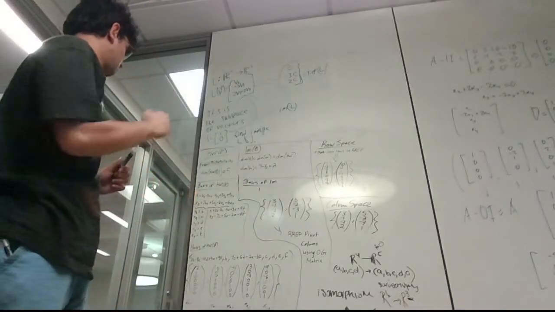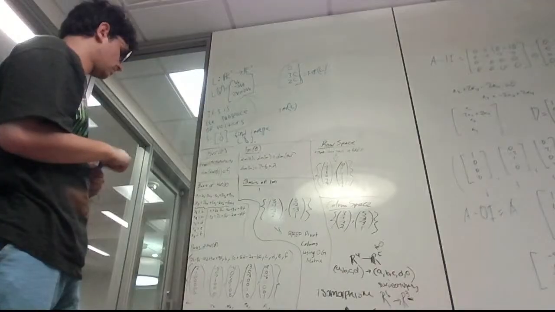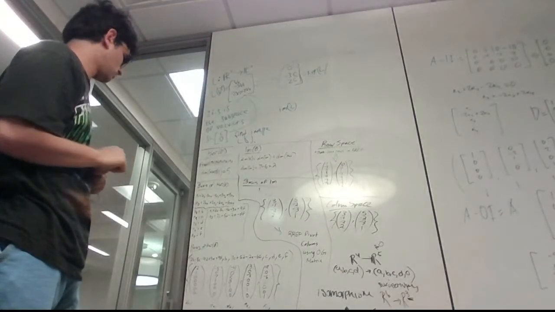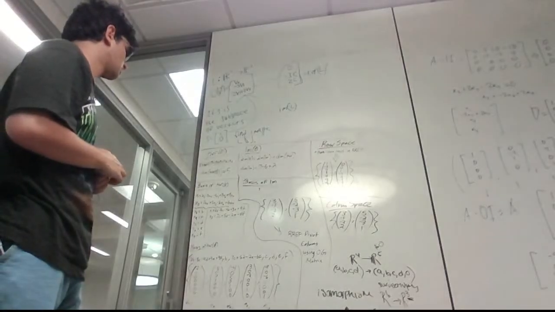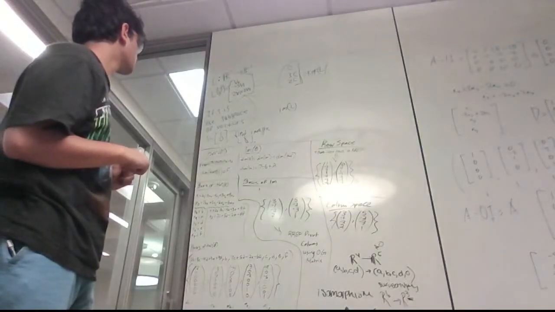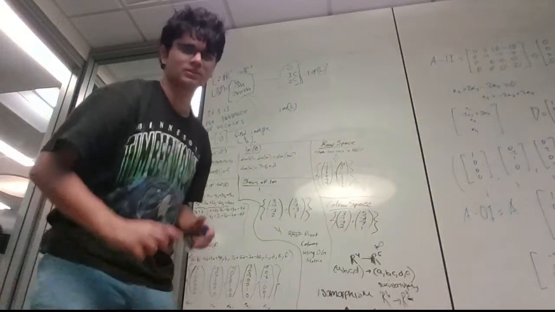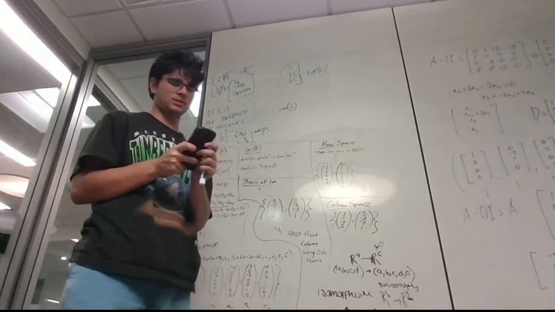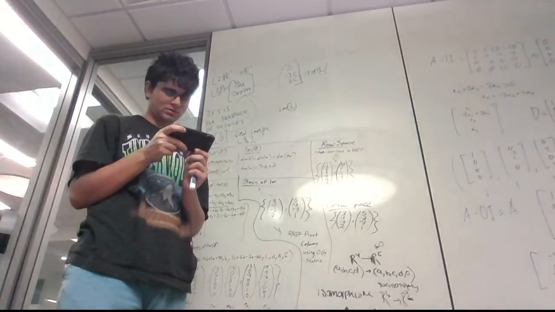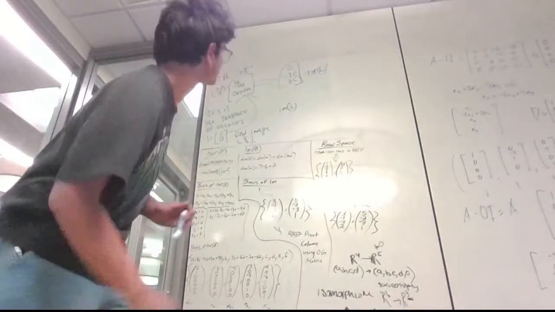I do not know. Basis of image. Wait, so that just becomes my basis vectors. So then the image would just be, I mean, it's the vectors being transformed, right? Oh wait, no. That is my image.